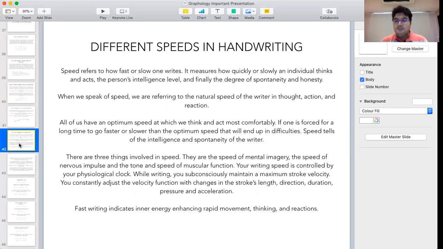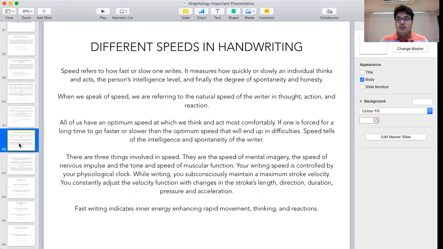Your writing speed is controlled by your physiological clock. While writing, you subconsciously maintain a maximum stroke velocity. You constantly adjust the velocity function with changes in the stroke length, direction, duration, pressure, and acceleration.